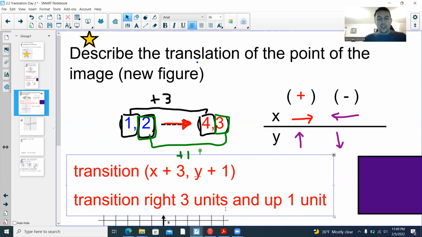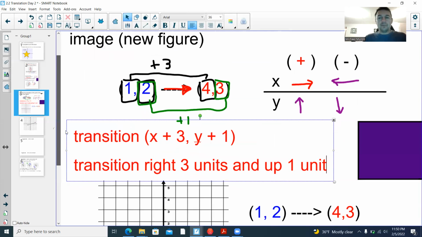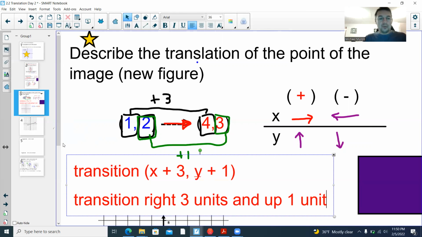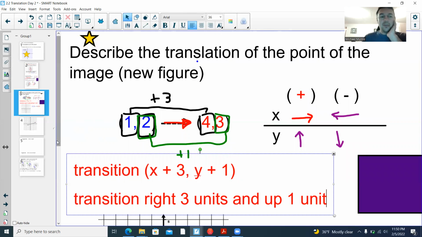So you're going right 3, up 1. And then if I have a graph, I can check that. You didn't have to. So go ahead and pause that if you have to get that down. That will be the last thing that you're actually going to take down for notes. So remember, find the change in x and then the change in y.